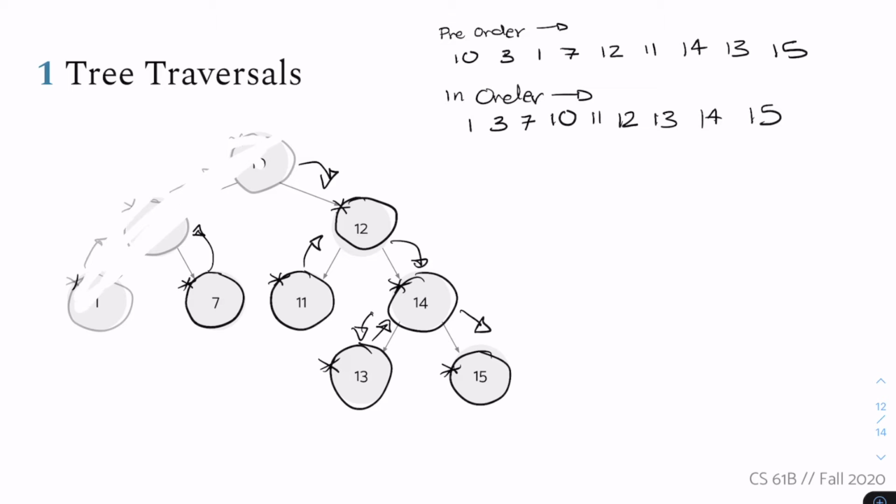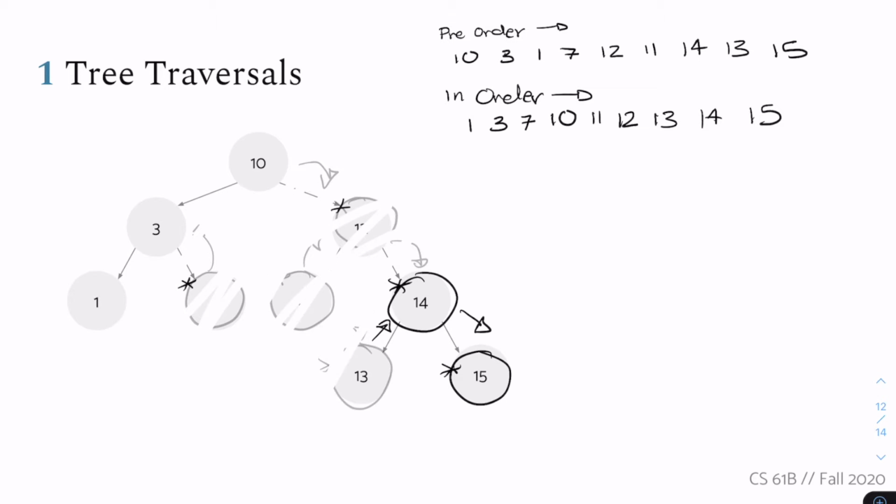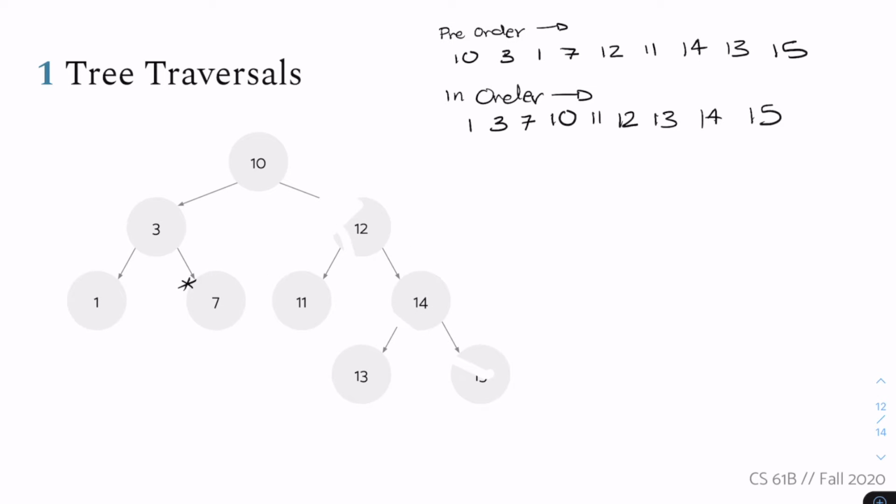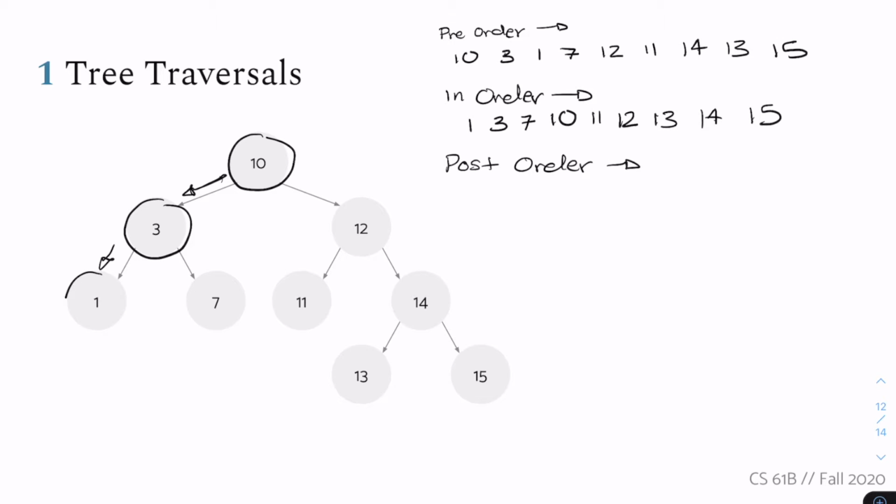The last one in the depth first search category is going to be post-order. For post-order, remember we visit both of its children before we visit each node. So we're going to start at 10 without visiting it. We're going to move down to 3, and again, we're going to see both of its children. 1 has no more children, so we can just immediately visit that.